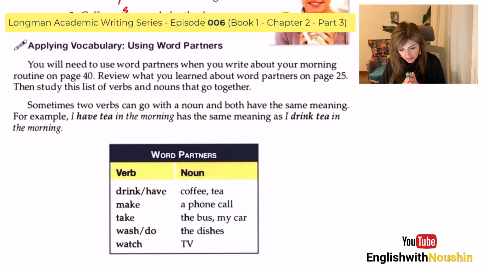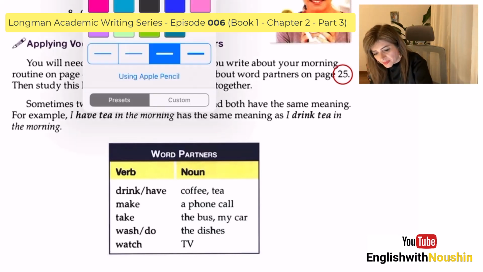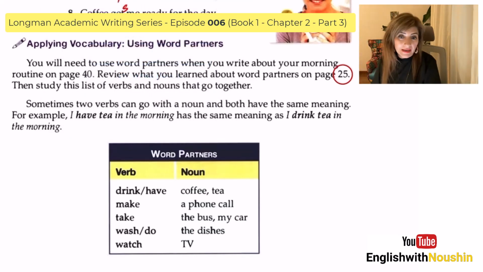If you don't remember, you can go to page 25 and look at them. But I'll give you some examples. For teeth, what do we say? What's the verb that goes with teeth?